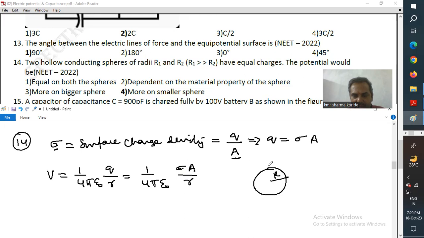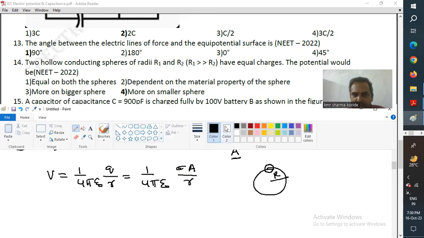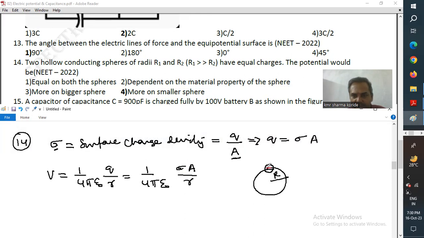So what you can expect is surface charge density. You can expect that within a small surface, for the case of a small sphere, more charges get included. Whereas in the larger sphere, within the small area, you can expect only fewer charges to get included. So the area must be the same. Whatever small area you are taking, that must be the same.